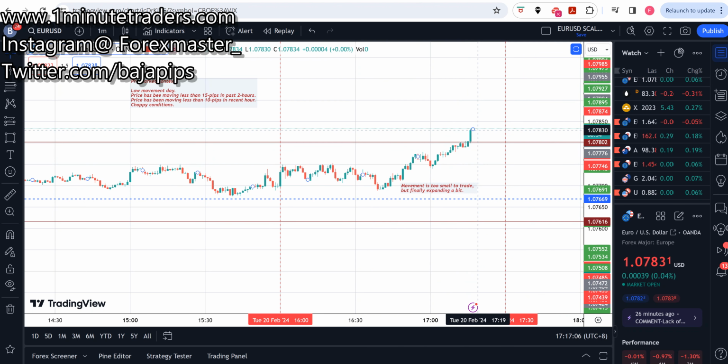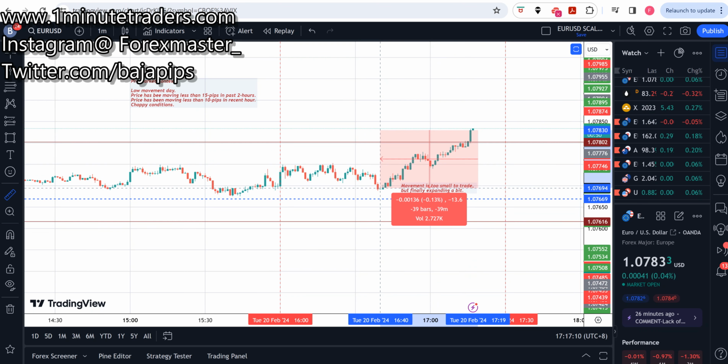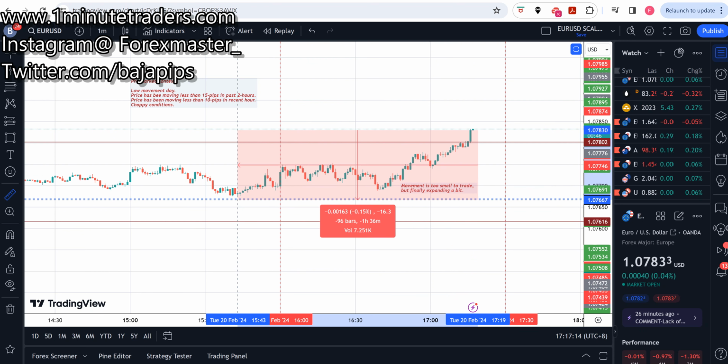In the past hour, it's been over 13 pips. Wonderful. And we have 16 pips in the past couple of hours, which is just enough, a little more than enough. And that's my basic minimum requirement.